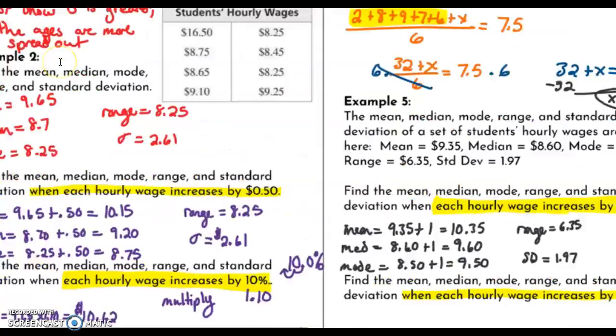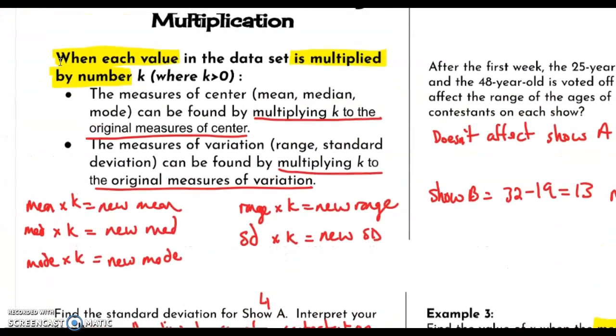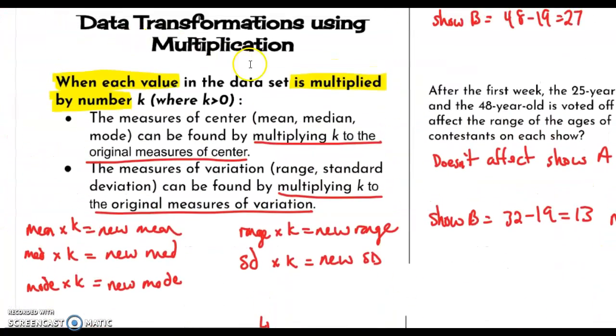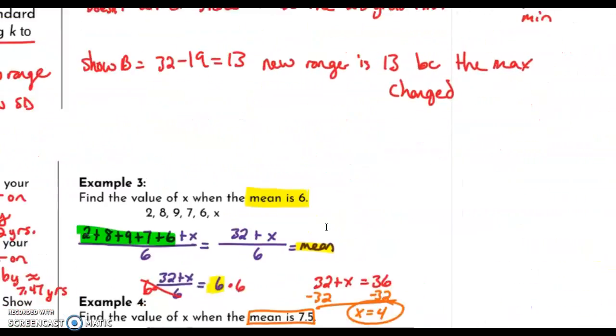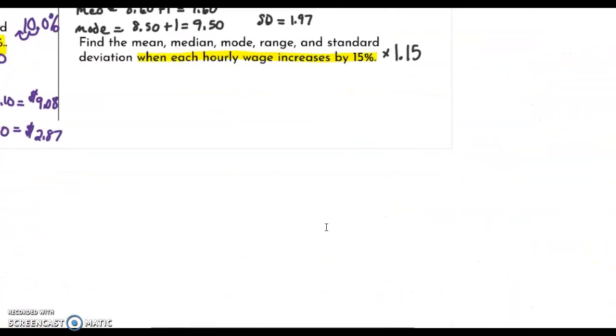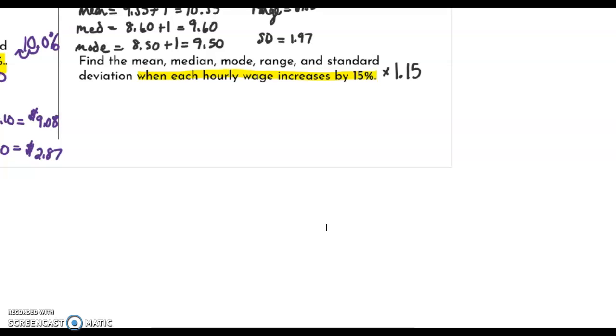Now, I'm going to refer back to that front page. When each value is being multiplied by a number, everything, the mean, median, mode, range, and standard deviation, they all change by multiplying by that number. You don't have to refigure up the data. You can just multiply the original measures of center and measures of spread to find them.